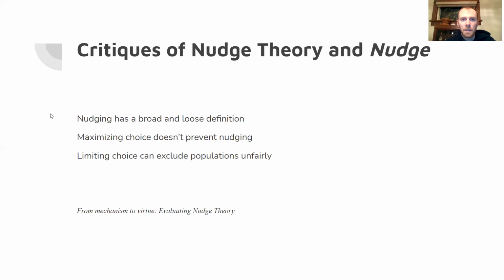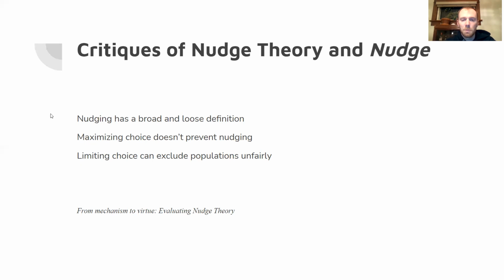And then there's also a section in the book where Thaler and Sunstein criticized the idea of maximizing choice. They stated that just creating more choice doesn't really make a better environment for people to make decisions in. And "From Mechanism to Virtue" says it doesn't really prevent implementing nudges.